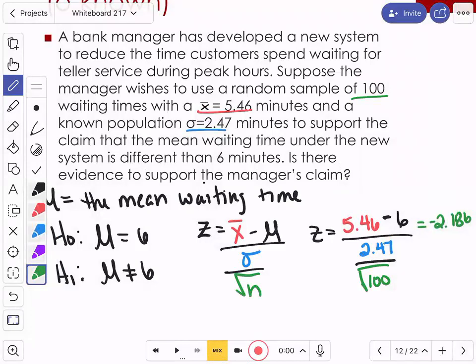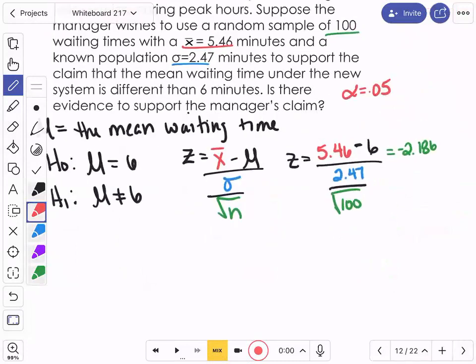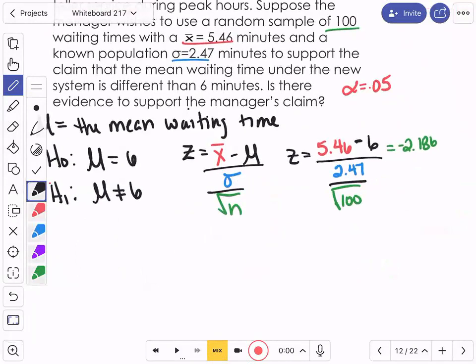They have not given us an alpha value. Generally speaking, if an alpha value is not given, we will always set alpha to 5%. That's the default alpha level. Everybody got that? So I've just found a Z-score, and I know my alpha is at 5%.